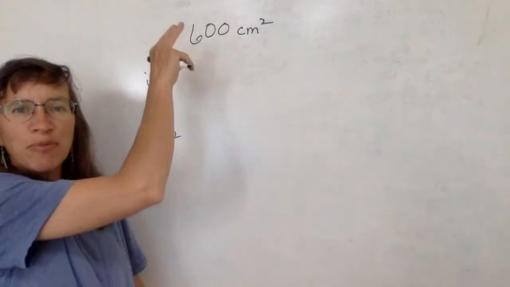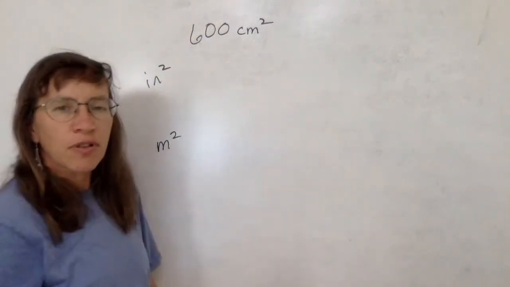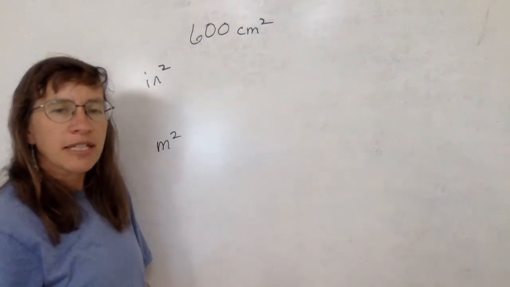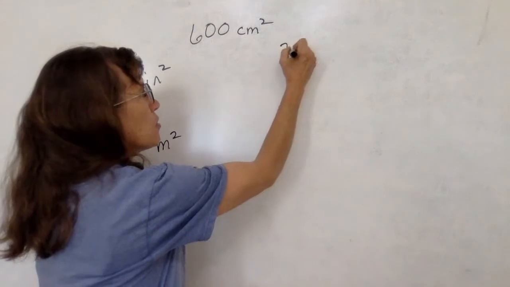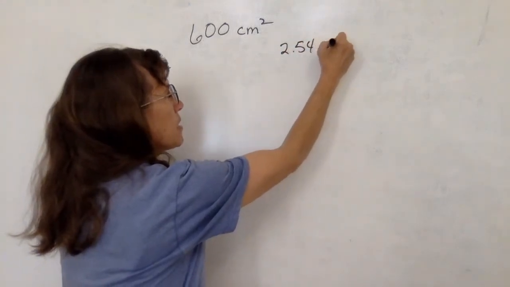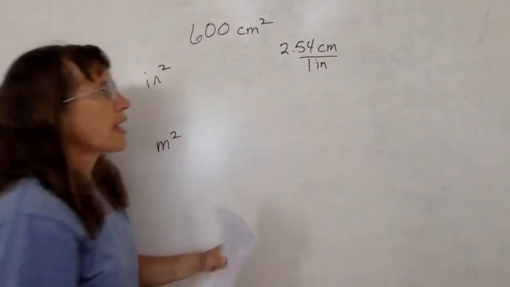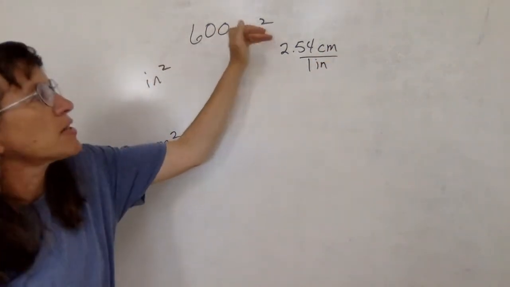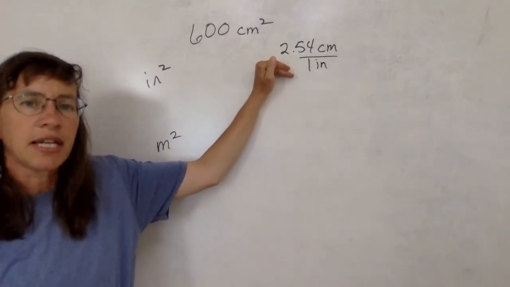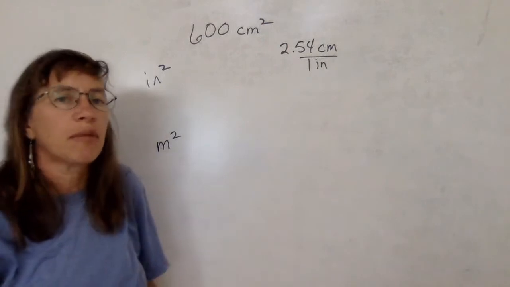So if we go from square centimeters to square inches, if you look up in the inside cover of your textbook, you'll find the unit conversions for many things. And you'll see that there's 2.54 centimeters per 1 inch. This is an example of the number 1 because 2.54 centimeters is the same length as 1 inch. That's how unit conversions work. That's how you find your choice of the number 1.